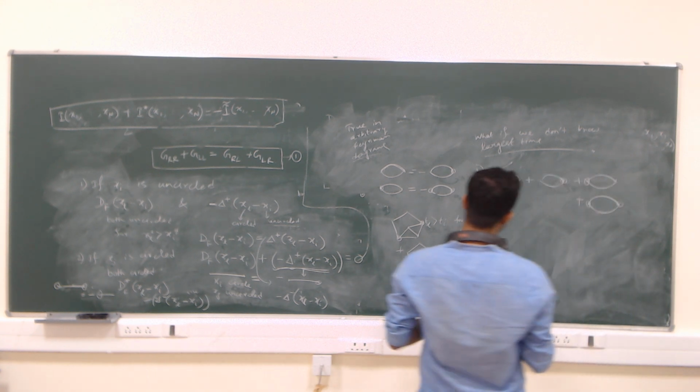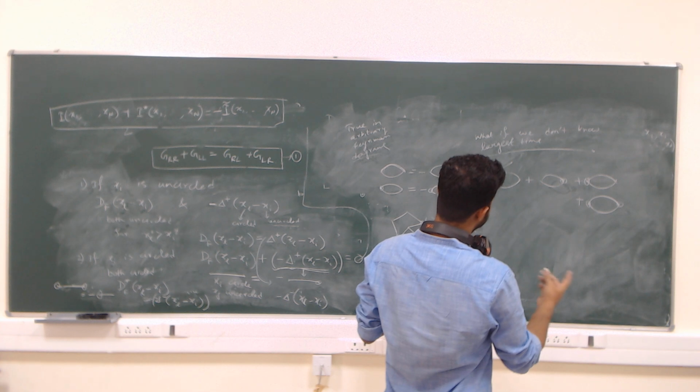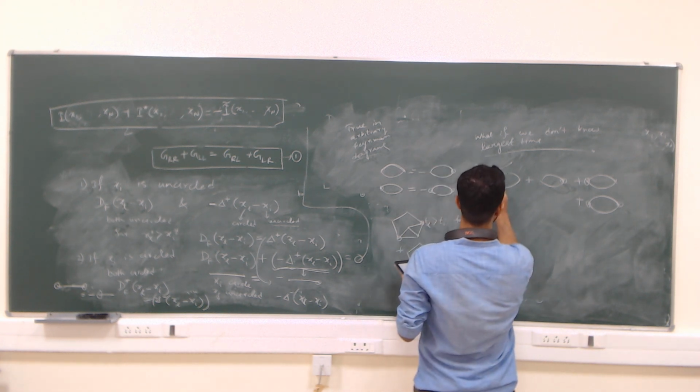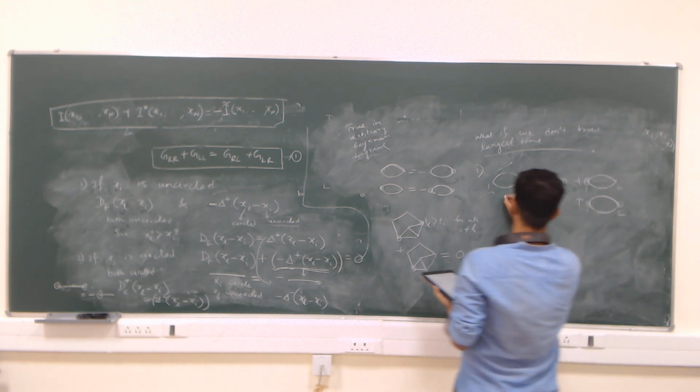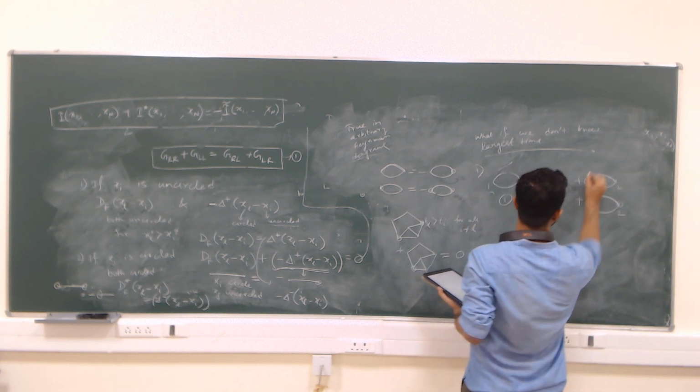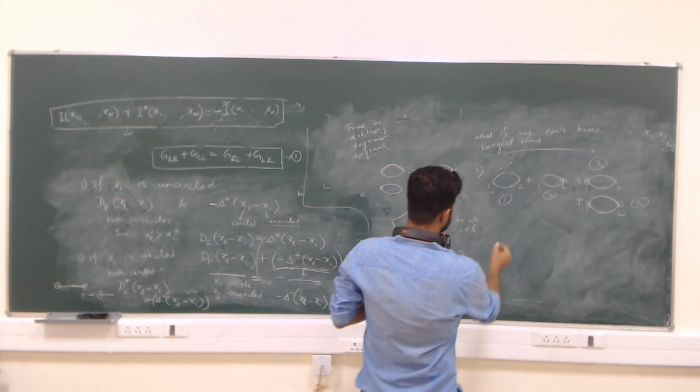And let's say now we want to see situations. Let's say diagrams are 1, 2, 3, and 4.